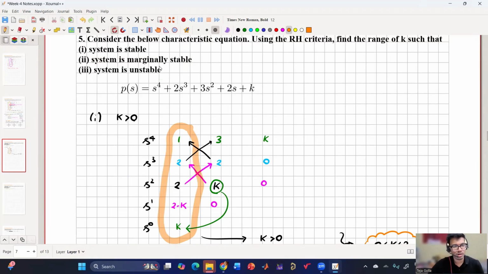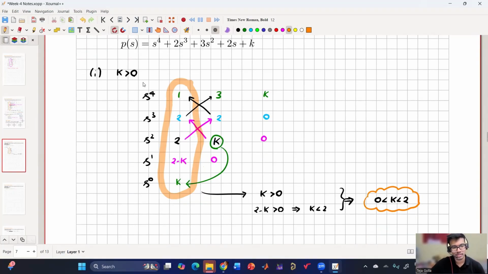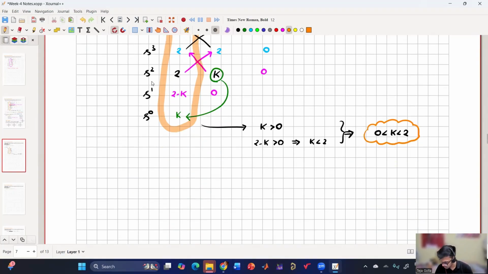So instead of going to marginally stable, can you tell me the unstable case? For unstable, there will be a sign change. Yes, sign change. So this 2 minus K is less than 0, sir. Okay, very good. That means K is greater than 2, sir.